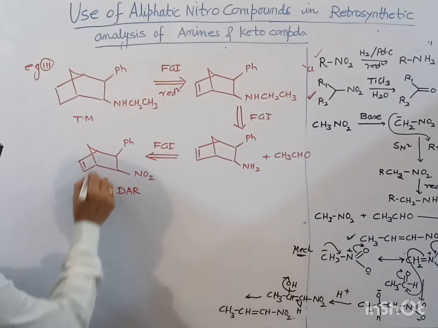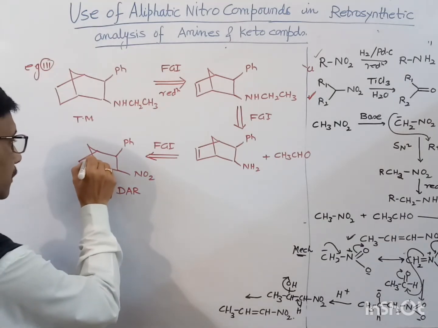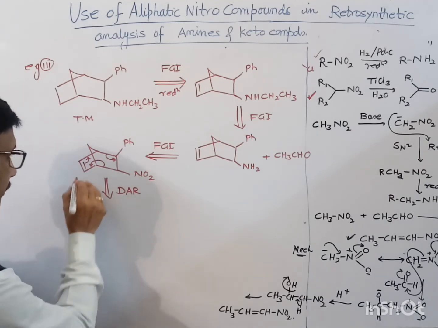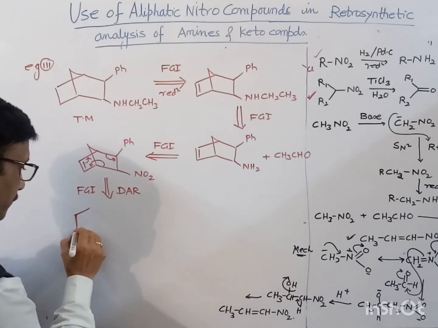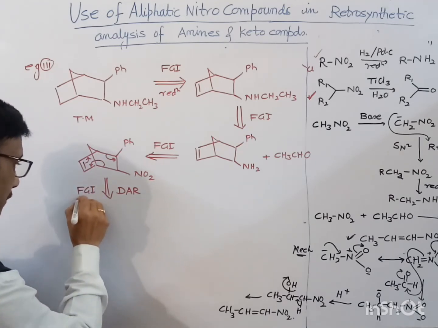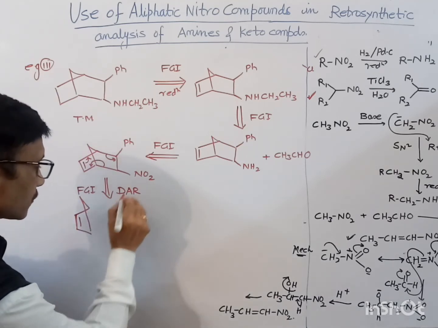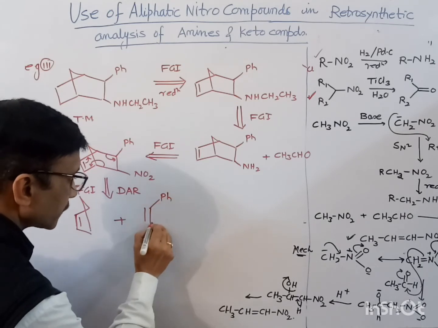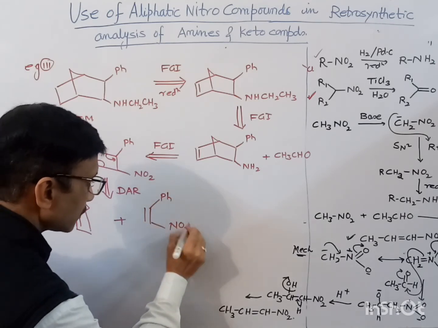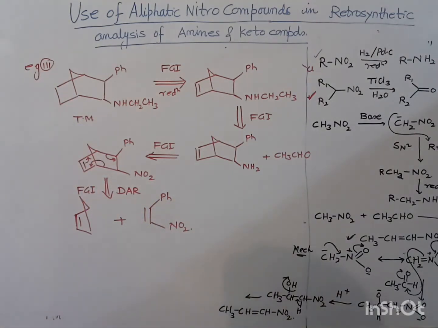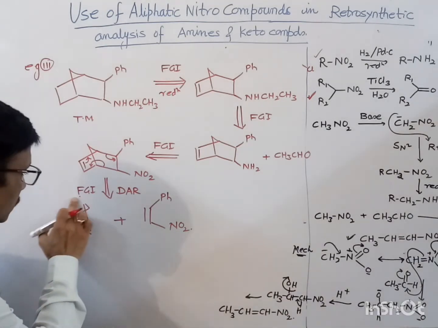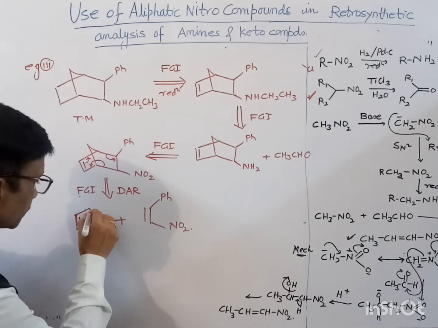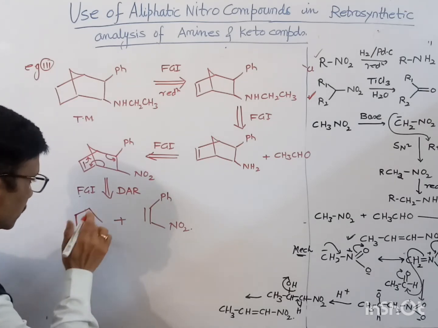So one of it can be, so this we can write, okay. Now this can be written in this way also. Better to write it. Sorry.